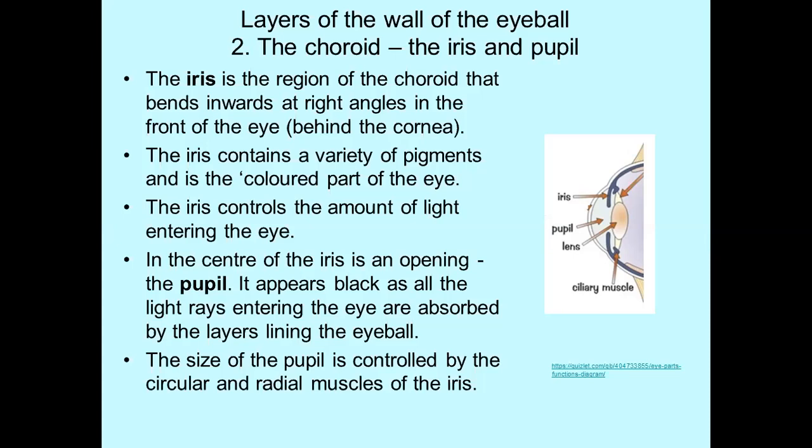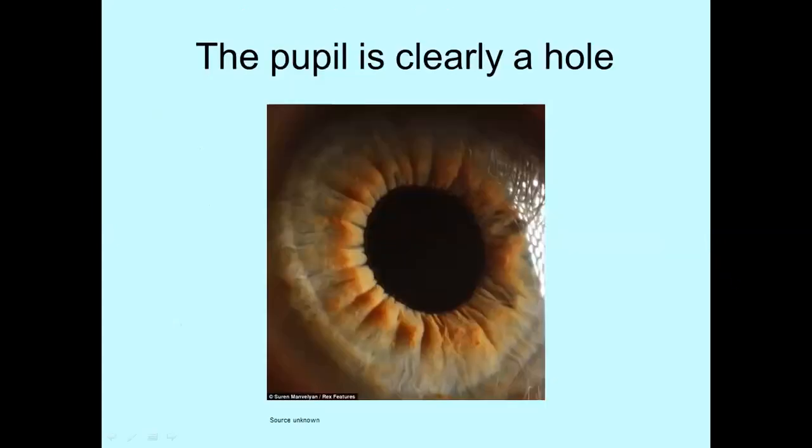And remember that the size of the pupil is controlled by the circular and radial muscles of the iris. So just like the ciliary body has circular and radial muscles, so too does the iris have circular and radial muscles. And they control the size of the pupil. And you can see beautifully here that the pupil is actually very clearly a hole. So within the iris, there are circular muscles that go around the iris, and there are radial muscles which rotate outwards.